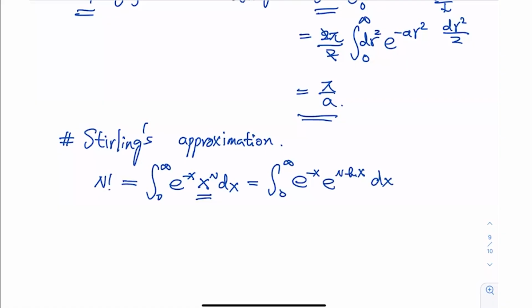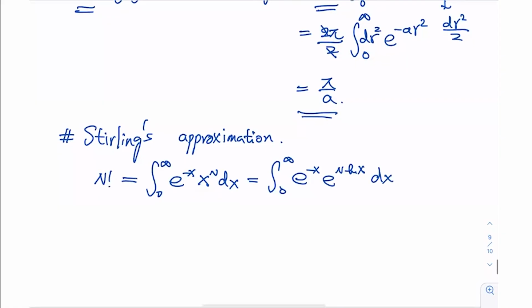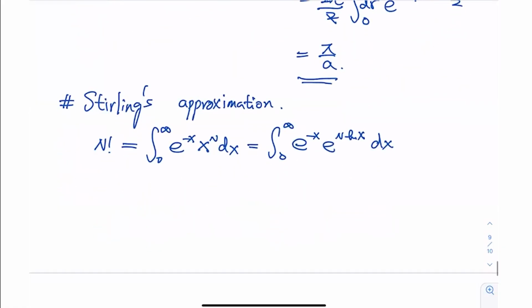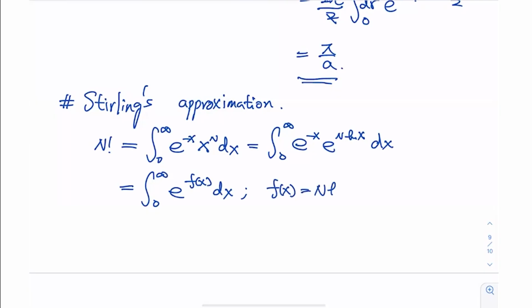This is exact, I'm not doing any approximation currently, but now I'll re-express it this way. Now f of x is just n natural log x minus x. I'm again doing nothing, just collecting the exponents and calling it a function f of x.